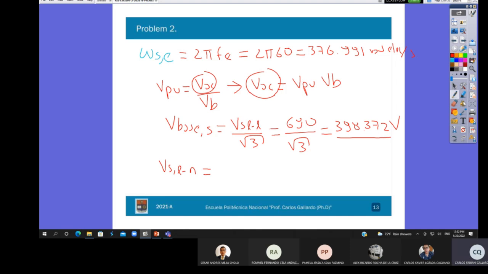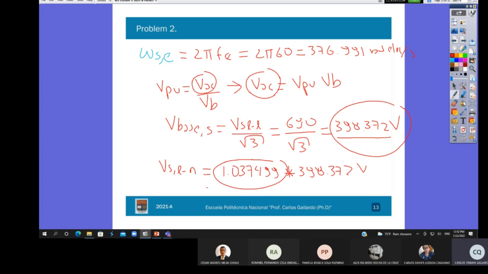So I will compute the per unit value 1.037499 times the base, and the base is 398.372 volts. This is the base, right? And this is the per unit value. Therefore, I will compute the actual value. But this is the line to neutral voltage, okay?